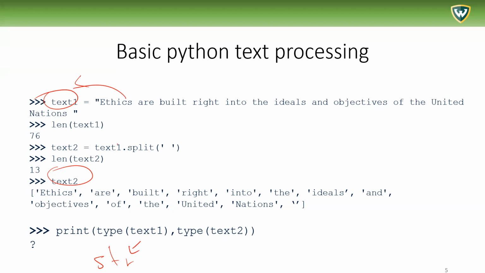And then text2, once we apply the split function, is a list. And list is one of the primitive data types of Python. List can be a list of many things. And in this case, list is the data type. So you would print list from this, but more precisely, it's a list of strings.